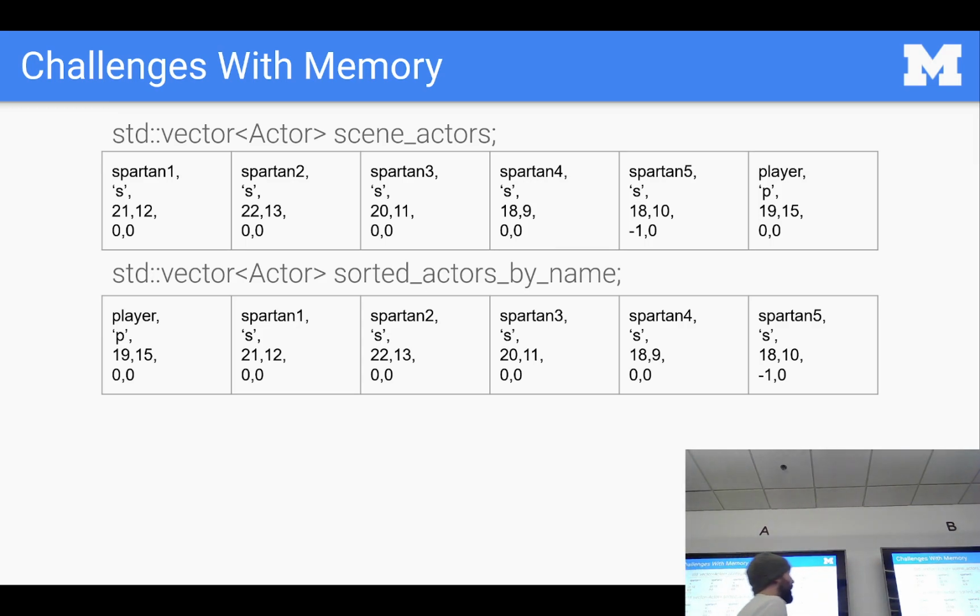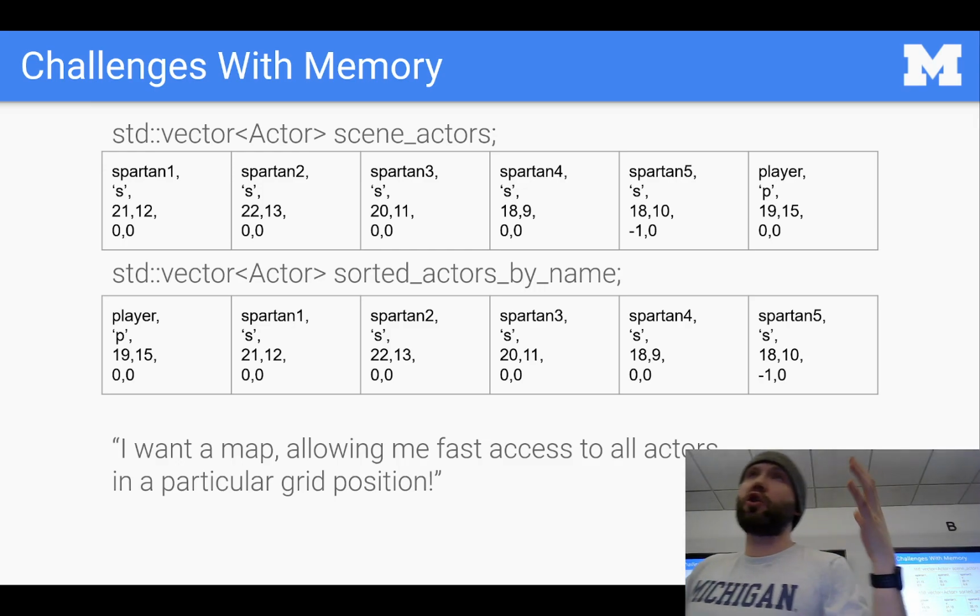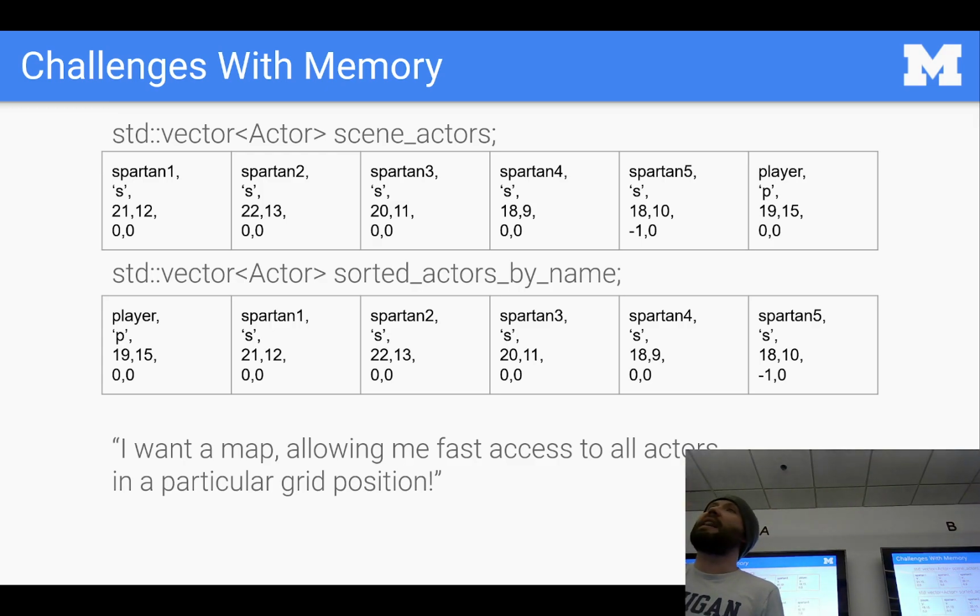This is cool if this is read-only data, I guess this might be fine. But your actors are not read-only. The actors are going to change over time. They're going to move. They're going to do stuff. Let's say that I really want to quickly know all of the actors that are at a certain position, like all the actors at grid coordinate 3, 5.